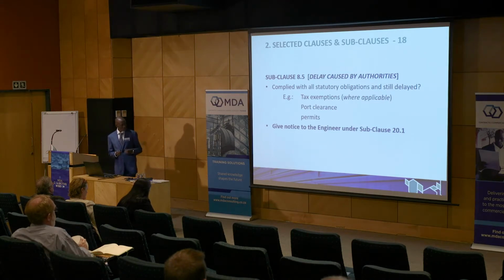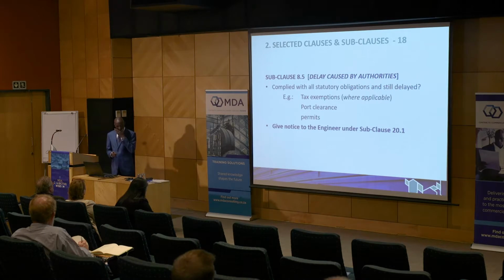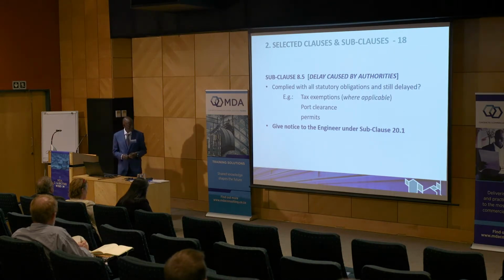There's also the issue of port clearance. If you have a project which has been tax exempted, and you're supposed to import some goods or equipment into the country, a number of authorities deal with your documents before your goods can be cleared from the port. This process is long, so the contractor should be careful.